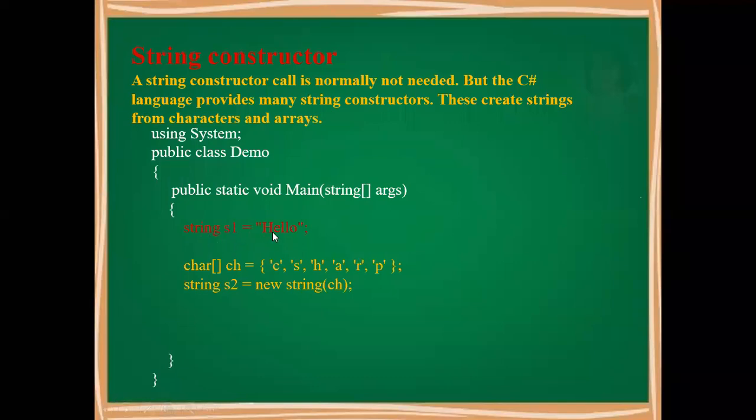String s1 is equal to hello, directly without anything. But as we previously know, string is also a class. So in C#, whenever we are creating an object of a class, we have to use the new keyword. So string is the class in C# because that is already defined as the equivalent of a class.